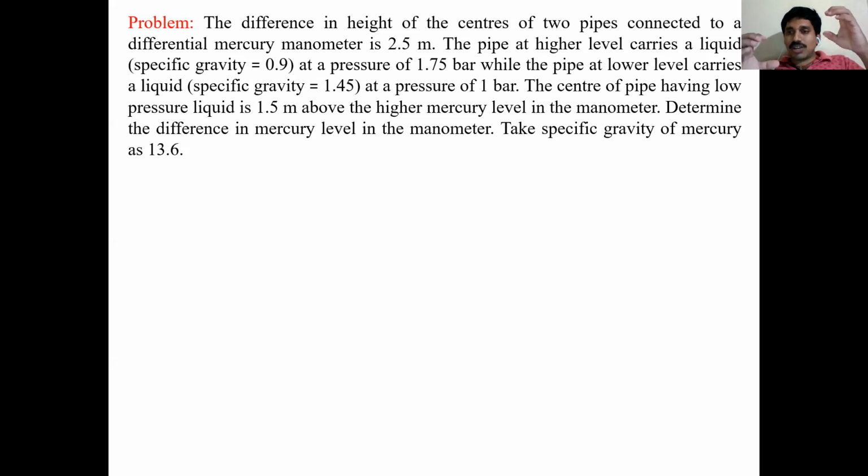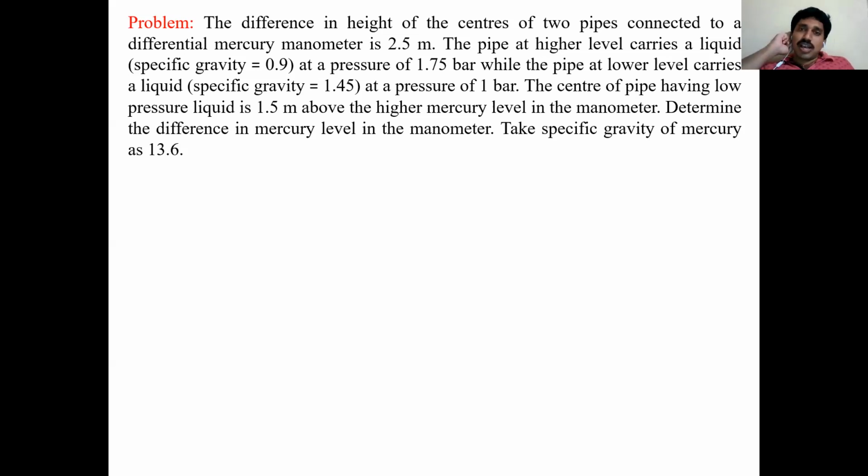So two pipelines are there. Between those two pipelines we have some height difference, and that height difference is 2.5 meters. These two pipelines are connected to a differential U-tube manometer.